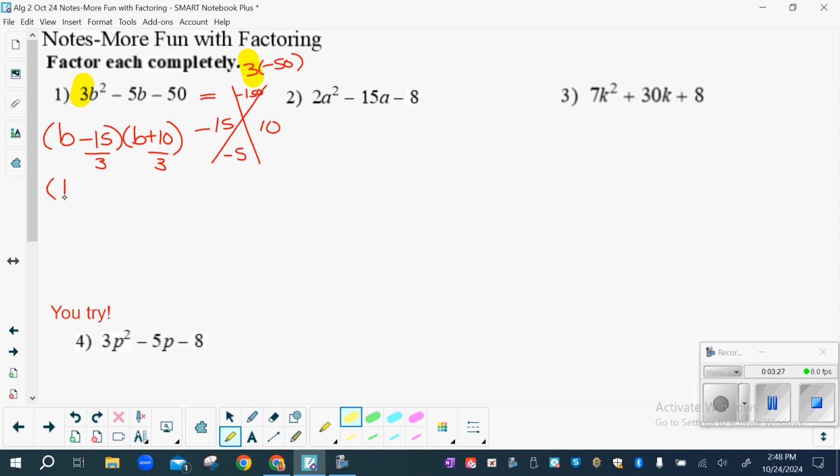So what's 15 divided by 3? 5. And then 10 does not divide by 3, does it? So we can take the 3 and slide it to the front of the b. So it's 3b plus 10. And that's our answer.